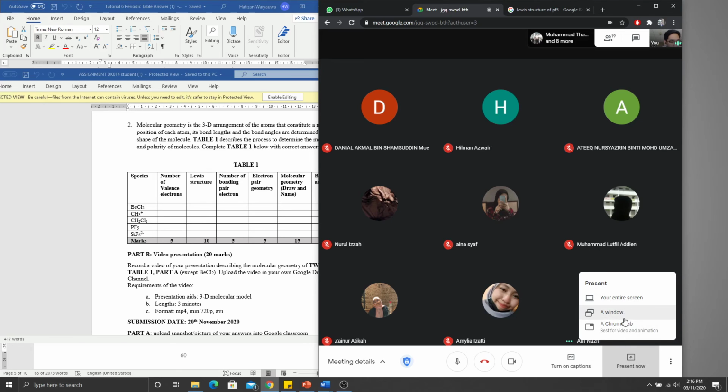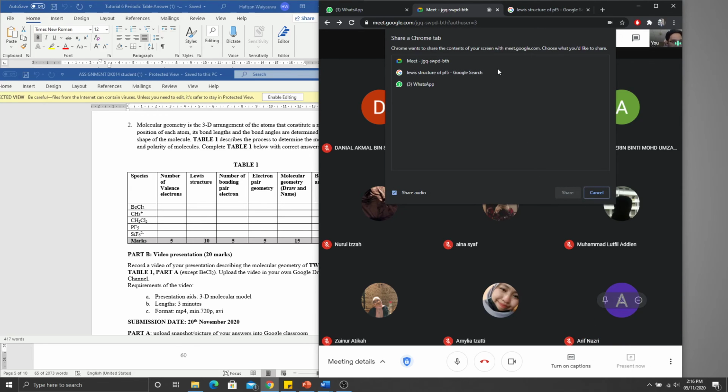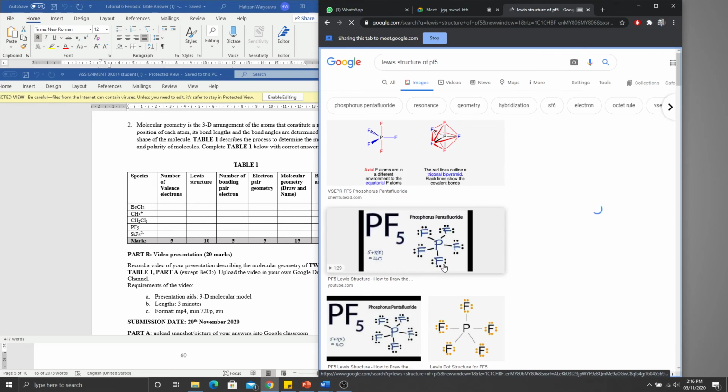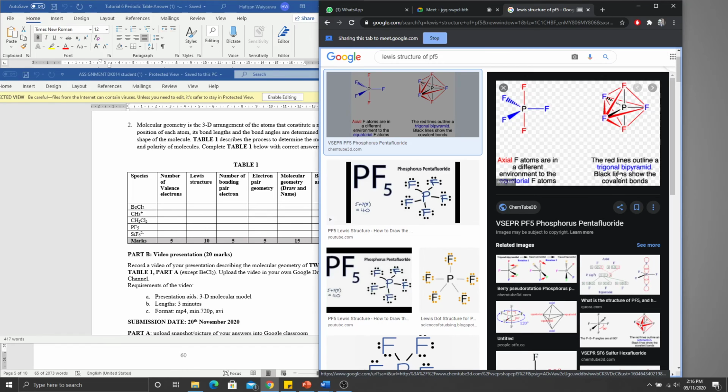Okay, I'll present this. Look, saya Google pun saya dah dapat, even though saya still kalau tak faham pun. Kalau geometri dia pun dia dah bagi tahu, geometri apa: trigonal bipyramidal.